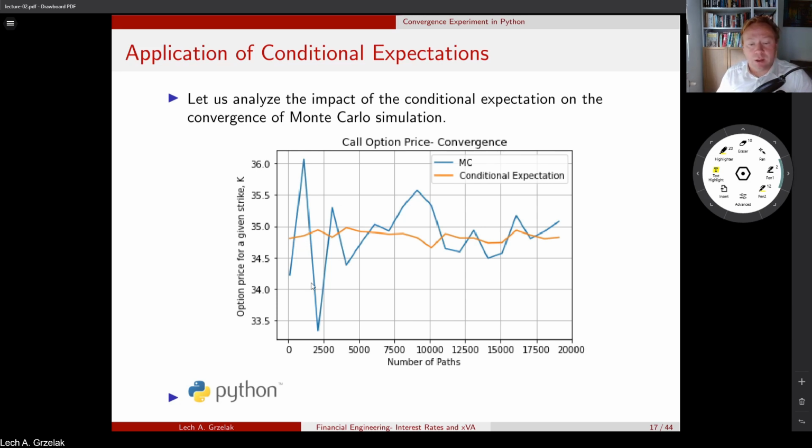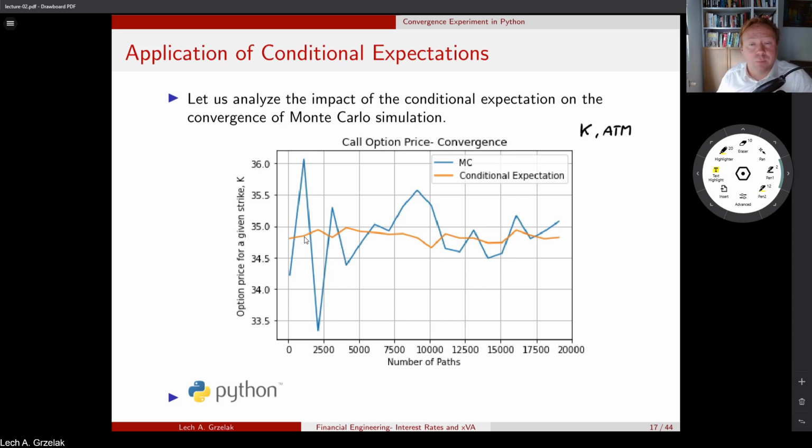On the x-axis, we see the number of Monte Carlo paths, increasing up to 20,000 paths. On the y-axis, we have an option price. I consider only one strike, so we have only a call option with a given strike, at the money, so this is ATM. The orange line shows the convergence for the case where we have used the conditional expectation approach.